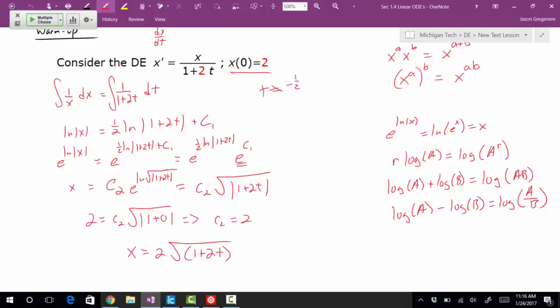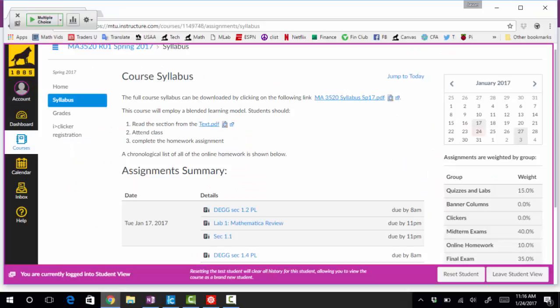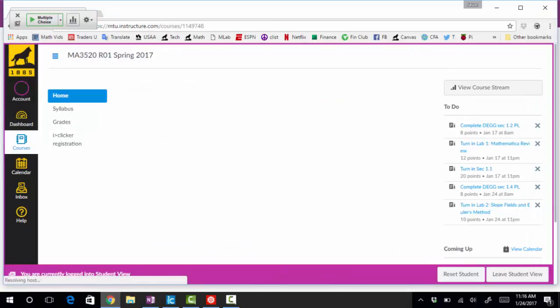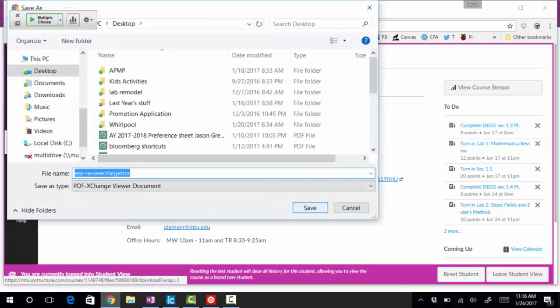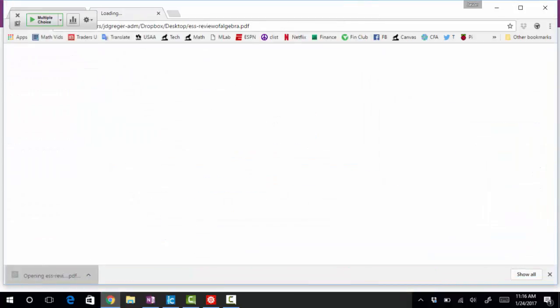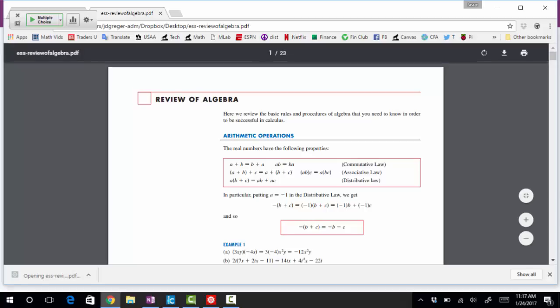Okay, let me go through a couple of quick notes and then I'll open up for more questions. Couple things. One, let's go to the course page, home page. I've added a PDF here. This is an algebra review. It's actually one of the appendices from one of the calculus textbooks, and it's really good.